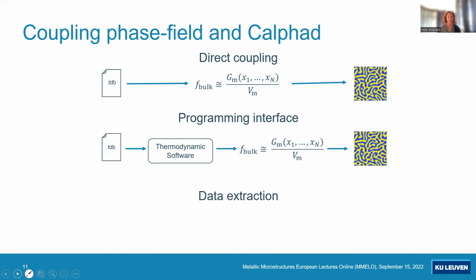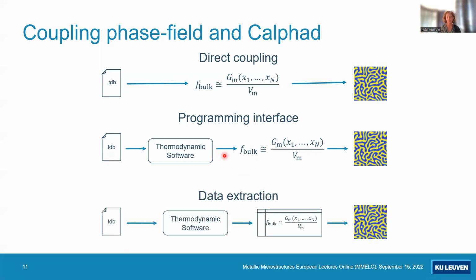So then another method is the one of the data extraction. So where you first compute all the thermodynamic data that you need, so Gibbs energies and the chemical potentials and atomic mobilities as a function of composition, and you put them in a kind of table or a list, and you know which data point is where.